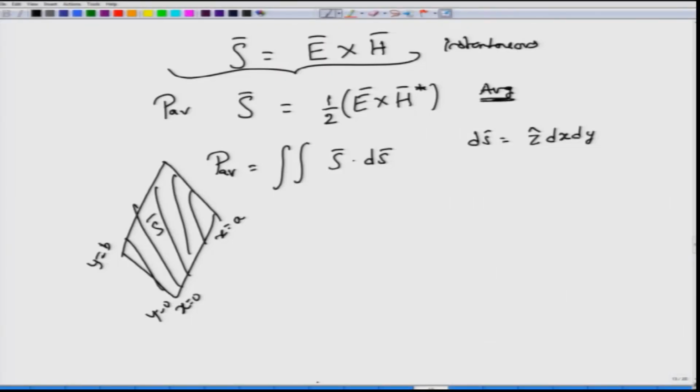In that particular case the time average power is given by half E cross H star, where E and H are represented by their complex forms. That is, we do not have e power j omega t, which is already assumed implicit. Okay. So, the time harmonic form, the complex form, or the phasor form are all essentially the same, just the names are different. The fundamental idea is the same.